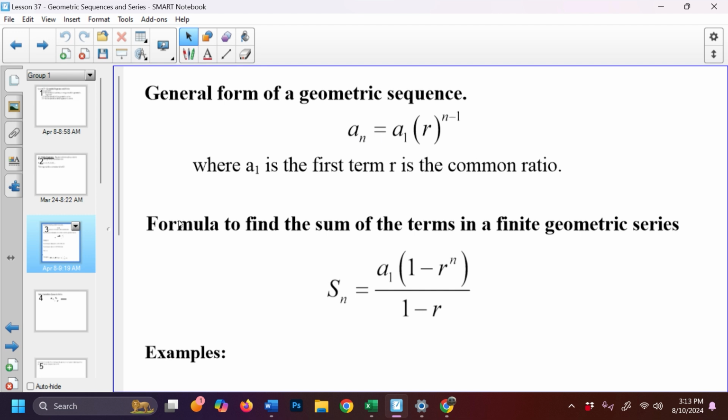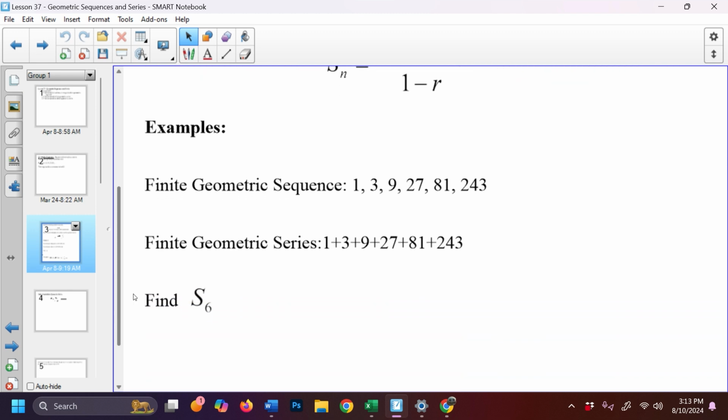We can find the sum of the terms in a finite geometric series by saying the sum of the first n terms is equal to the first term times the quantity 1 minus r to the n power, all over 1 minus r.